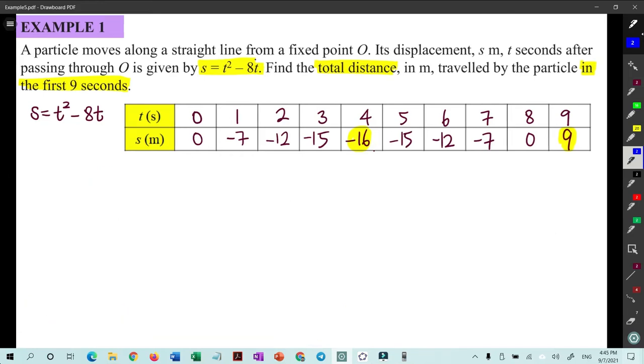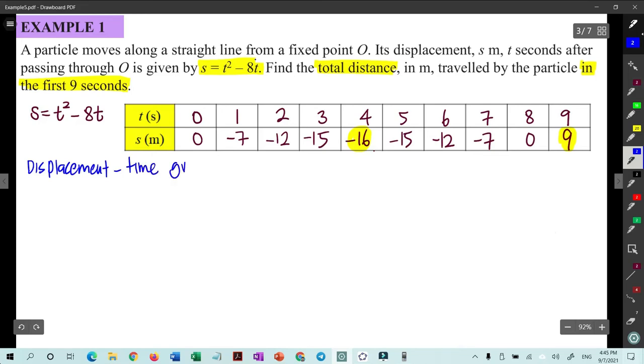So let's see how to answer this question using a displacement time graph. First of all, let's use the information from the table and then sketch a displacement time graph.